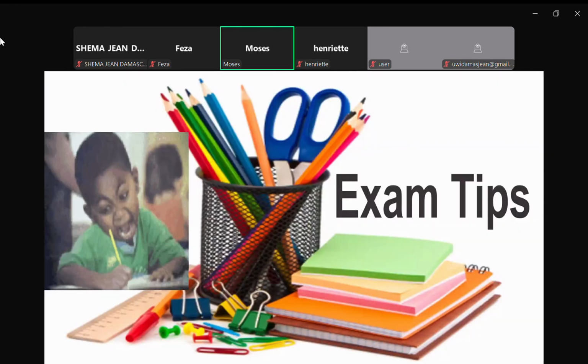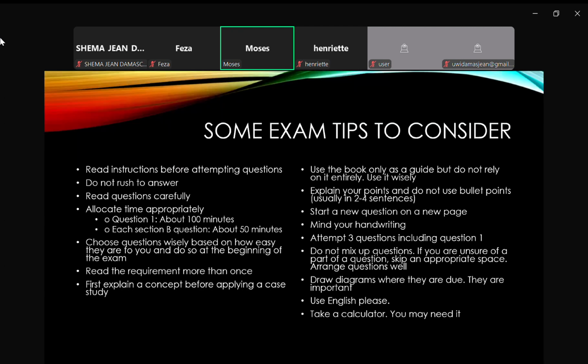Now, let's talk about exam tips. Number 1, please remember to read instructions every time you attempt a paper. Please do not rush to answer when you are given a question paper.